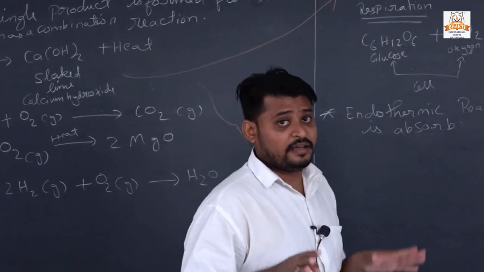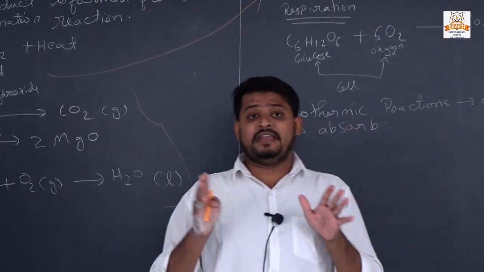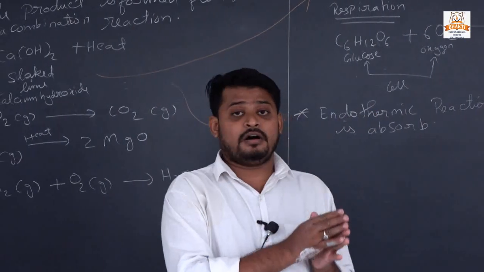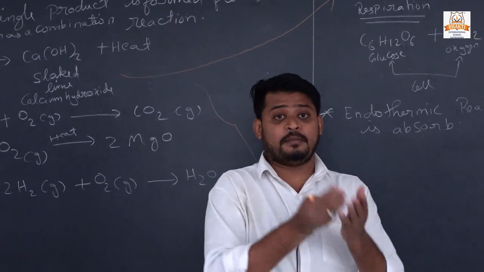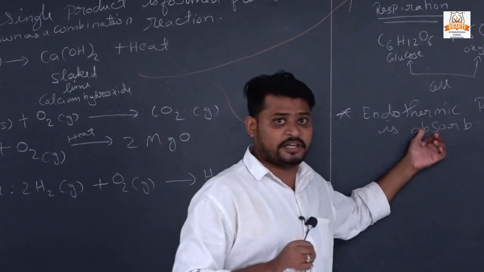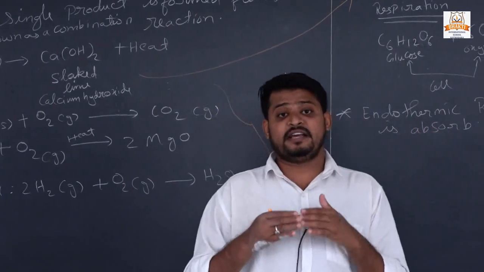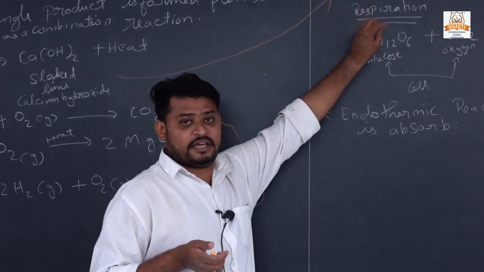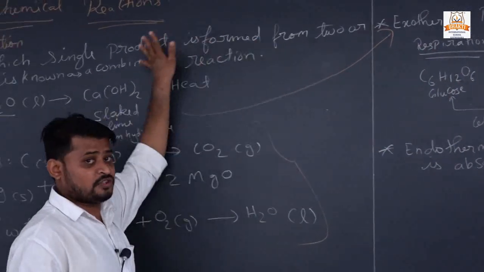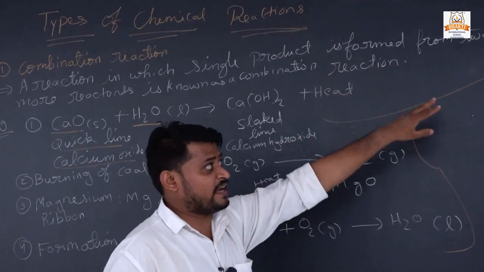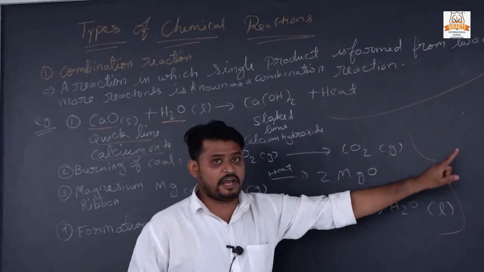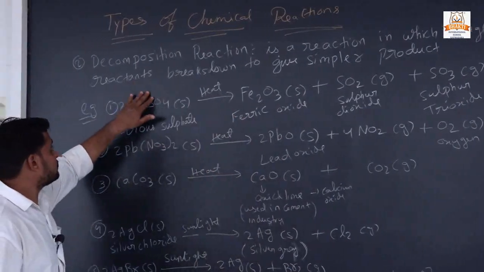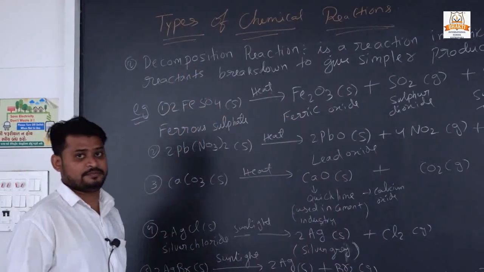So understand, if in any chemical reaction energy and heat are absorbed, it is called an endothermic reaction. If energy and heat are released, it is called an exothermic reaction. So it is clear what a combination reaction is, what an exothermic reaction is, and what an endothermic reaction is. Our second reaction is the decomposition reaction.